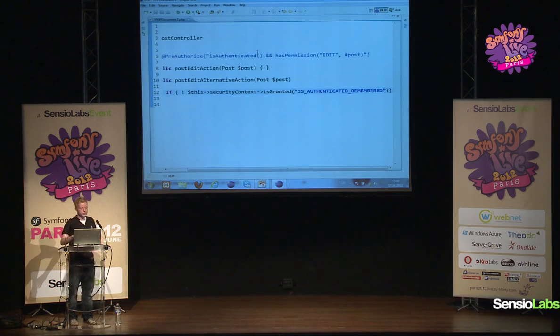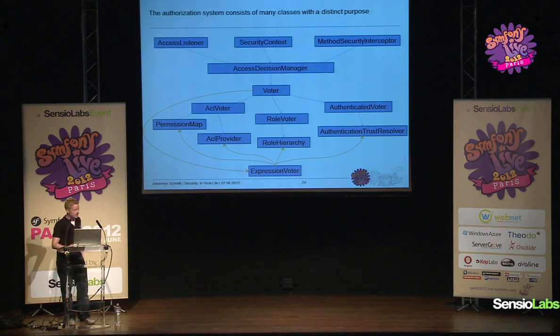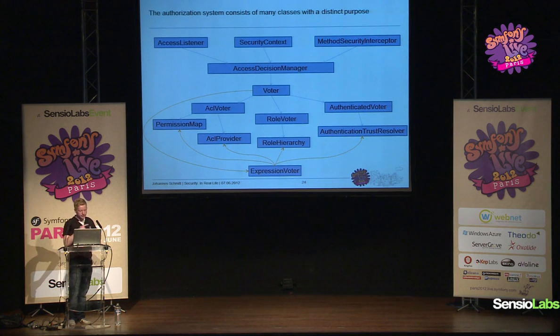Basically, if you only write this, which is equivalent to the is authenticated expression in the first example, then it would load the entire ACL system, it would load the role hierarchy, it would load the authentication trust resolver, even though it doesn't need them, but it would load all of them. So that's really important to know if you're working with the security. It's better to go to the expression voter and use expressions than to use the hard-coded attributes, at least performance-wise.